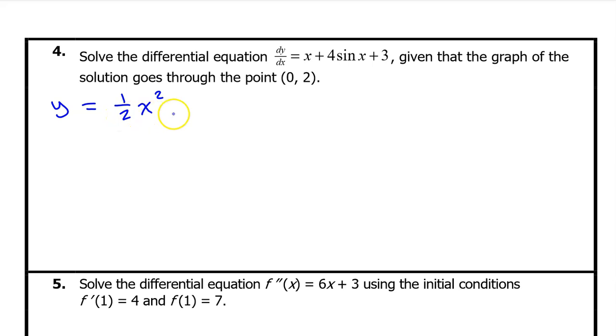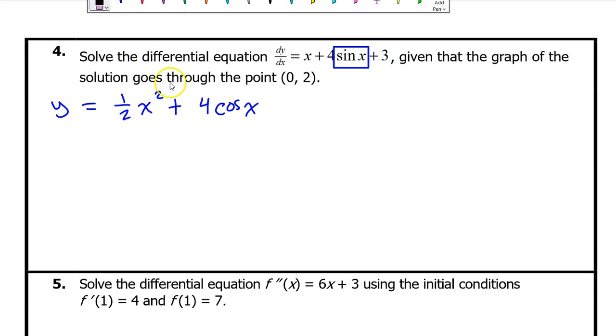For the next term, we're going to start by just bringing down the constant of 4, and then we move on to taking the antiderivative of sine x. I ask myself, the derivative of what is equal to sine? The derivative of cosine is negative sine.